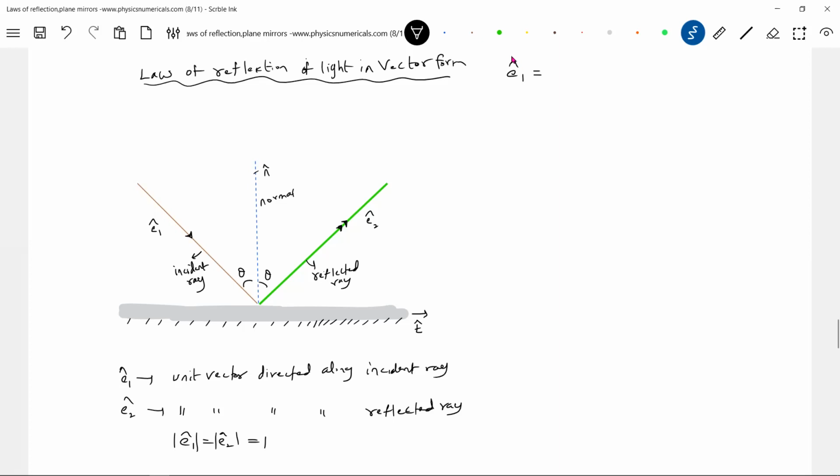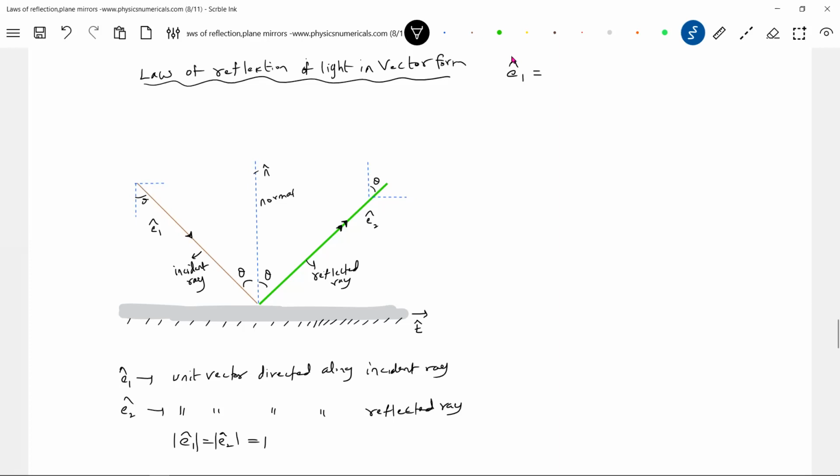Angle of incidence must be equal to angle of reflection. So from that idea, we'll define this angle as theta, then this angle should also be theta. So what is E1 cap?